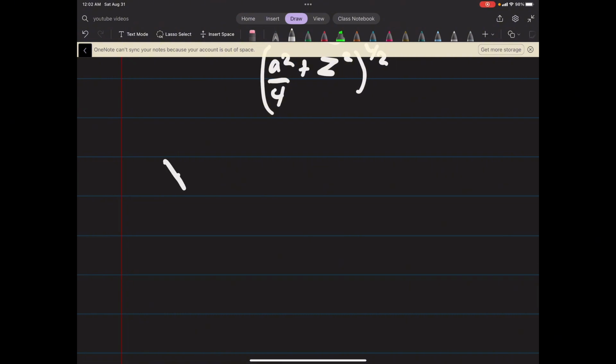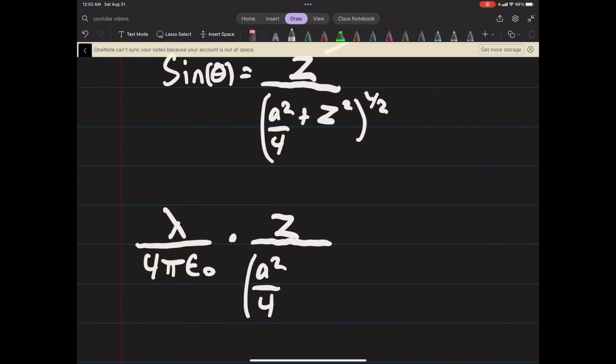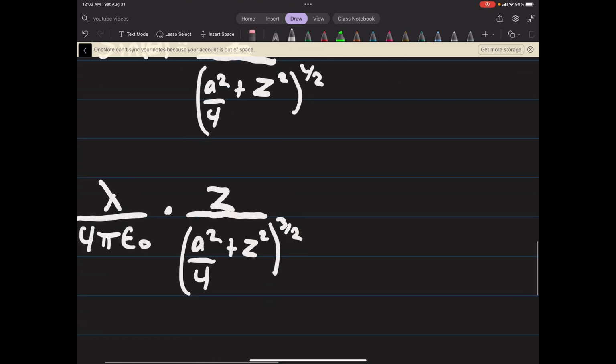So we'll have lambda over 4 pi epsilon naught, and the integral from, let's just factor this stuff out as well, times z over a squared over 4 plus z squared. This will be to the 3/2 for our exponent. And then when we integrate just dx, we're going to get x evaluated from 0 to a. So essentially we're just going to get a here.